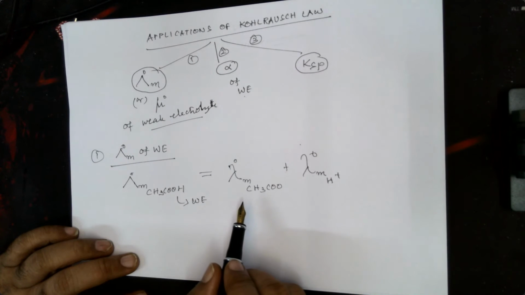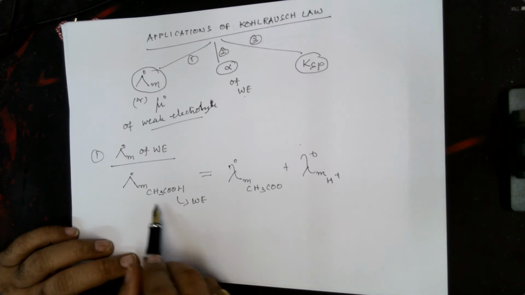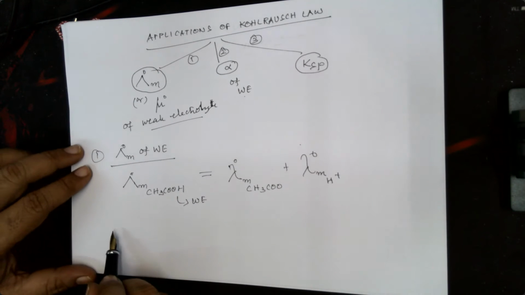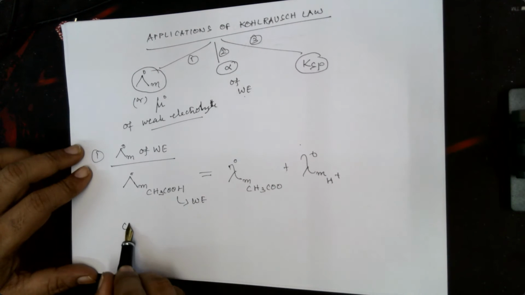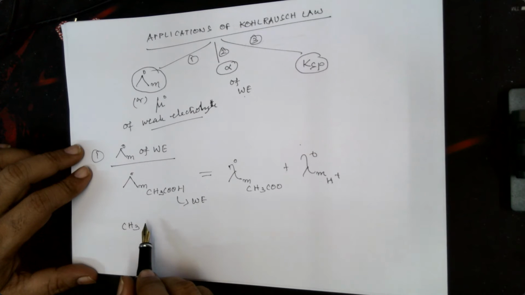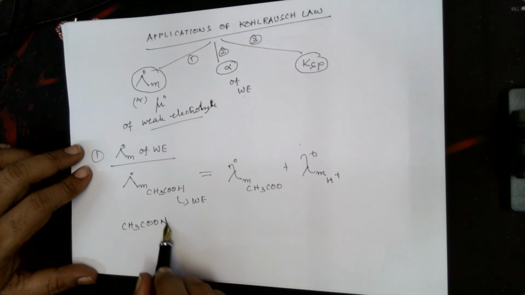Instead, we can have the rule. Instead of acetic acid, we can take acetate, that is a weak acid with its strong base. So the strong base is Na, is it not? So this is the salt.